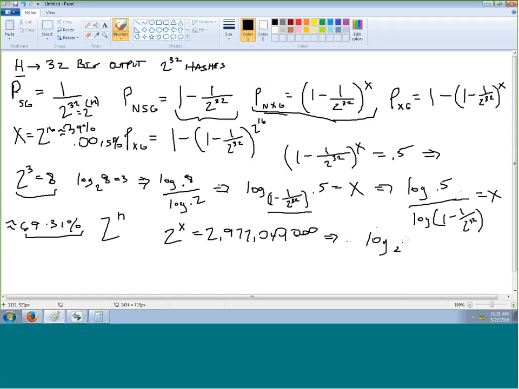log 2,977,040,000. And that's basically, if we want to do a change of base here, we can say log 2,977,040,000 over log 2.